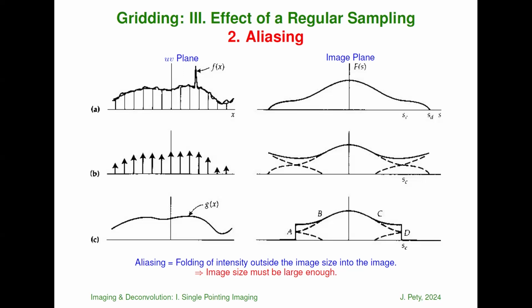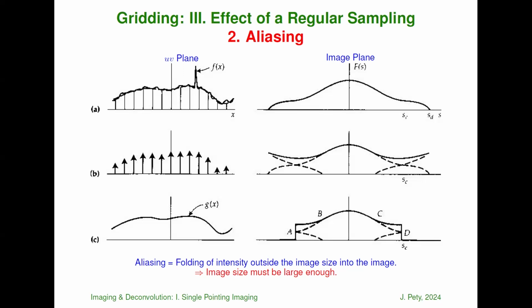The field of view is limited on your image, and if you have intensities that are outside, you will not see them. But that's not what happens. Because you have been undersampling, the intensity that has been outside your image has been folded inside and has modified the edges of your image.